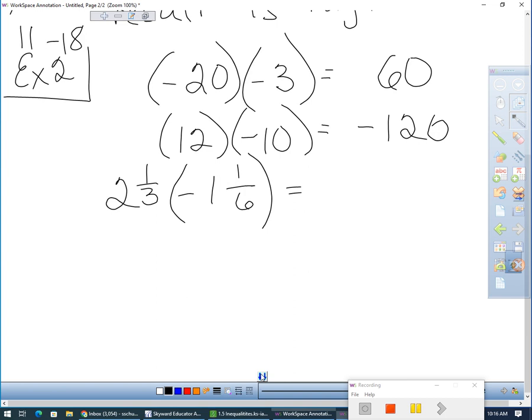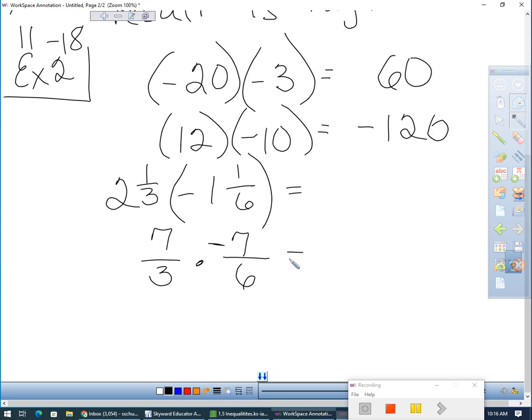All right, so I'm going to multiply two fractions together. What's the very first thing we have to do? Improper. Awesome. 3 times 2 is 6 plus 1 more is 7 over 3. Times 6 times 1 is 6 plus 1 more is 7 over 6. But don't forget your negative.